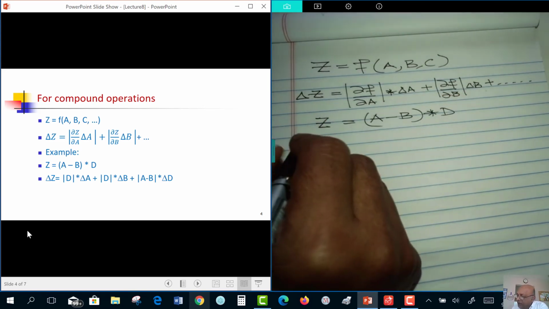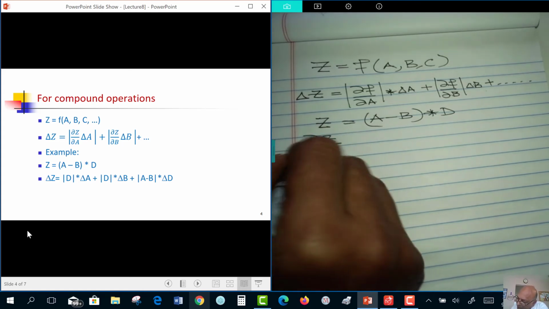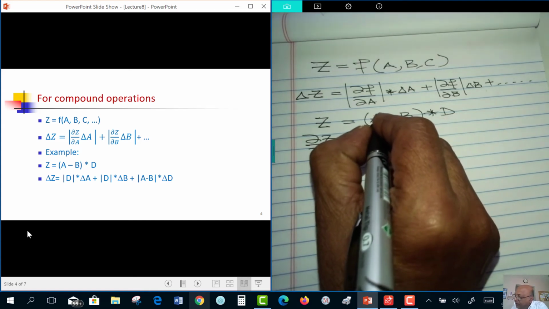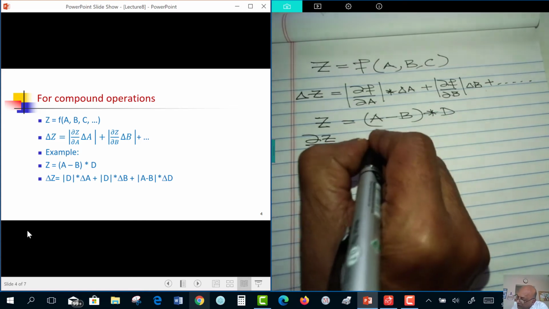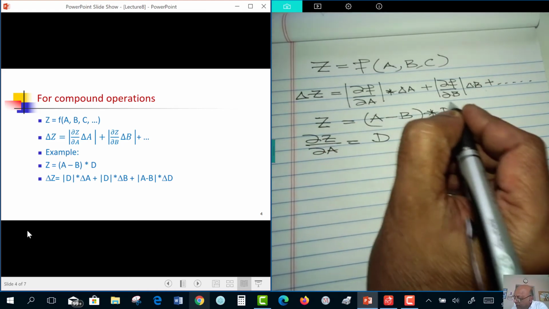So the simplest way is to make a table. So we do del Z, del A. So partial derivative. So we have A times D, the partial derivative is D, minus B times D, there is no A in it.